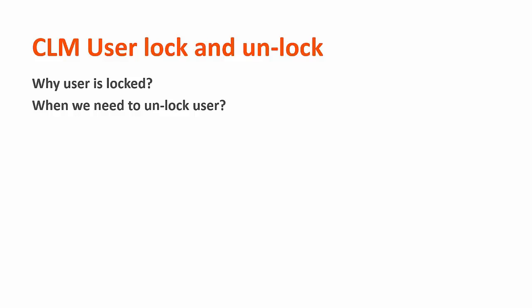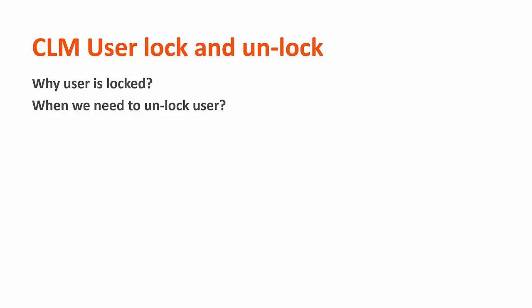When do we need to unlock the user? When we have an urgent case wherein a CLM user has been locked from one of the browsers using admin, and another person with the same admin tries to log in, he will not be allowed to do any operation. It is sometimes very important to unlock the user and go ahead and perform the required operations.